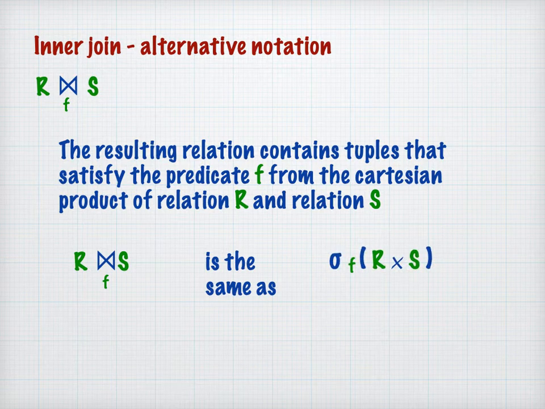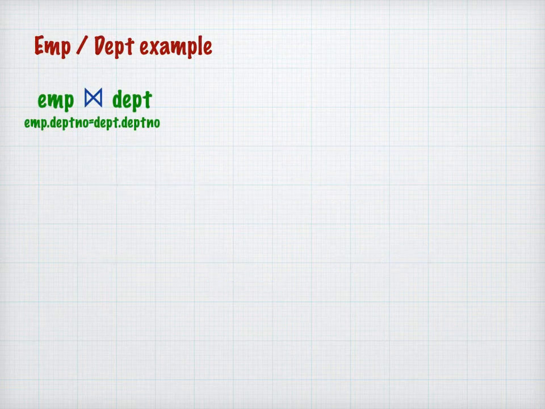So either you could write down a Cartesian product with a selection, or you could simply use that bow tie notation. If we're going to use that bow tie notation, we put the relations either side, and underneath we write the predicate, the condition. So if we were going to write down an inner join using this symbol with the emp and the department table, it would look like this.